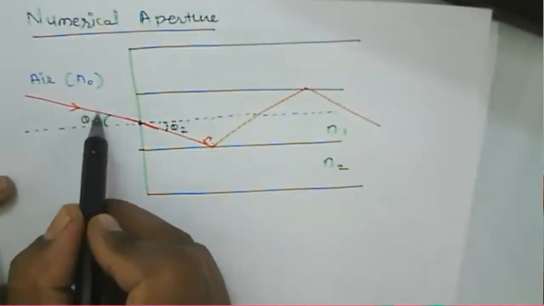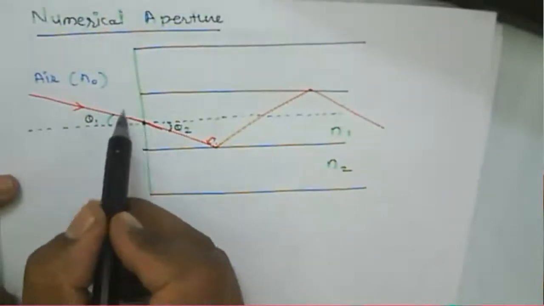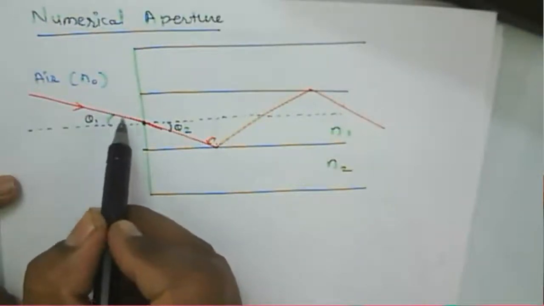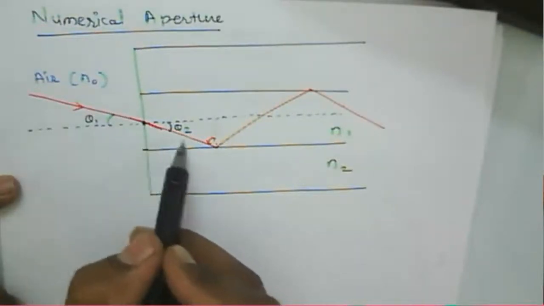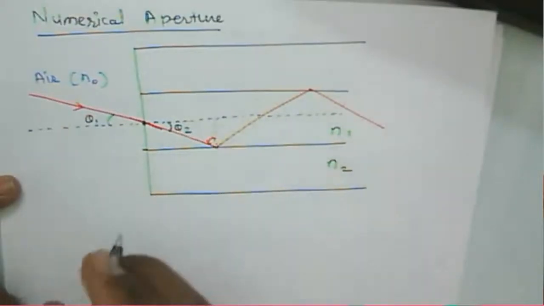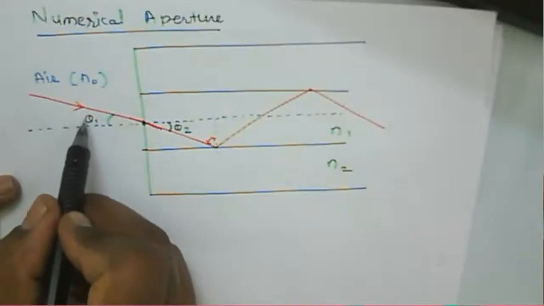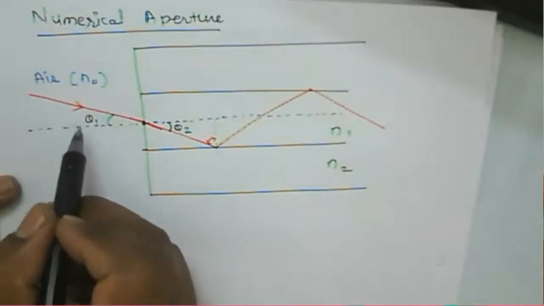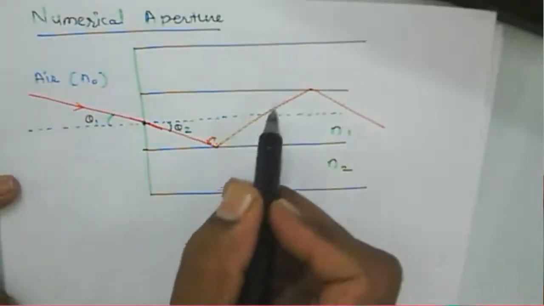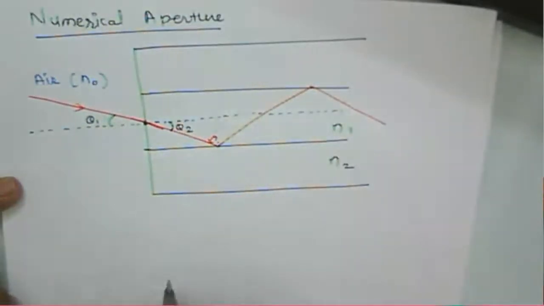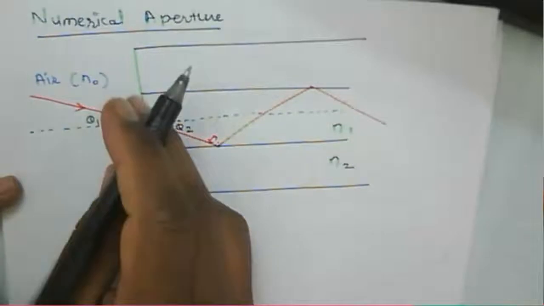So that ray maybe belongs to the acceptance cone of this particular fiber. Then your ray will be propagating through the fiber. If it does not belong to that particular acceptance cone, then your ray will not be propagating through the fiber.